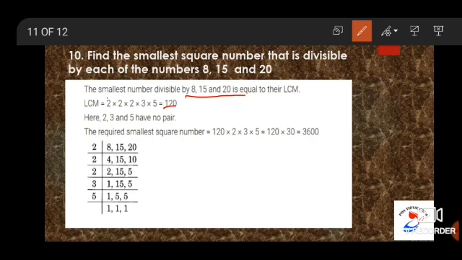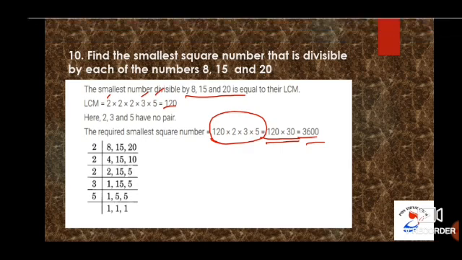So here 2 has no pair, 3 has no pair and 5 also has no pair. So the number to be multiplied is 2 into 3 into 5, that is 120 into 30, which is equal to 3600. To conclude, the smallest square number that is divisible by each of the numbers 8, 15 and 20 is 3600.